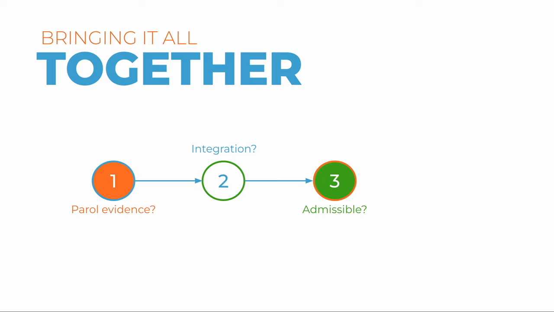Depending on what kind of integration, is the evidence being offered, that of additional or different terms, admissible? And if all or part of the terms being offered are not admissible, you go to that last step and ask, does one of these 5 exceptions apply?